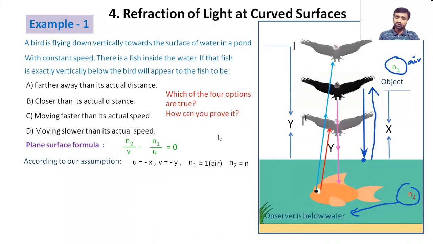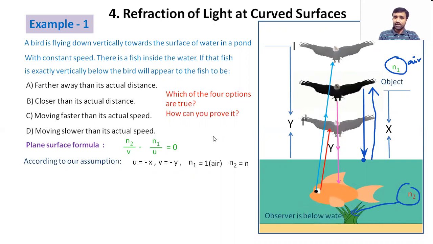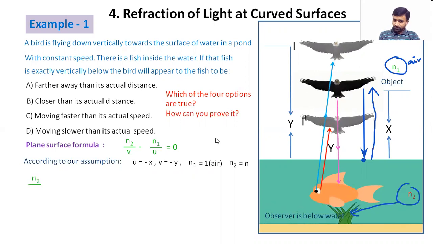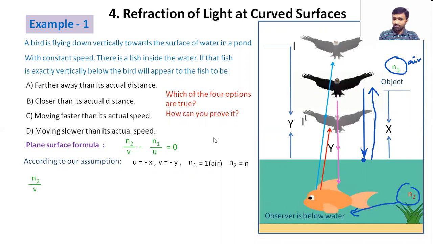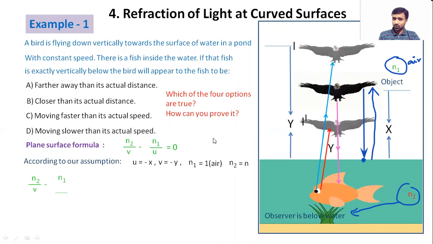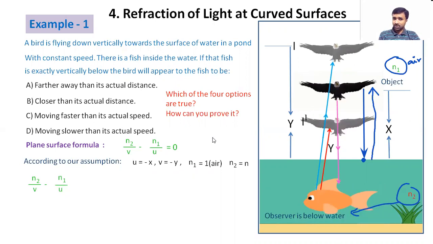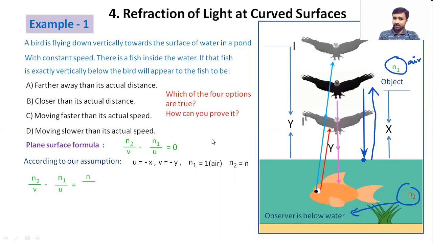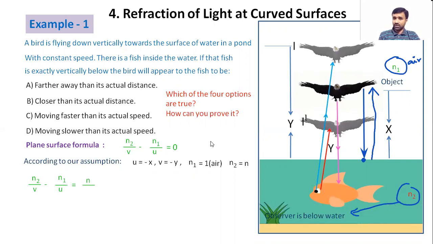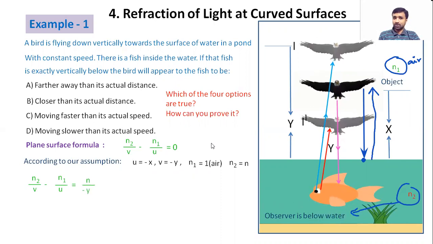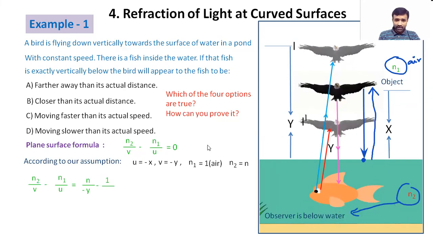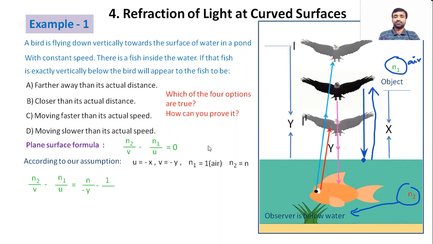Let us put these values in the plane surface formula: n2 by v minus n1 by u equals zero. Substituting n2 as n, v as minus y, n1 as 1 and u as minus x.